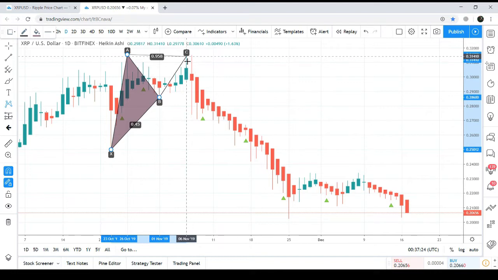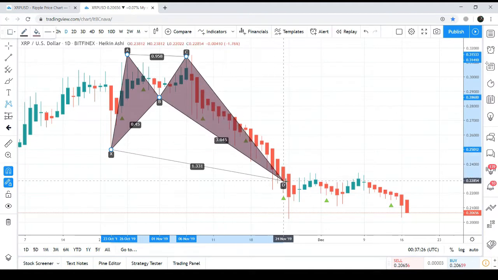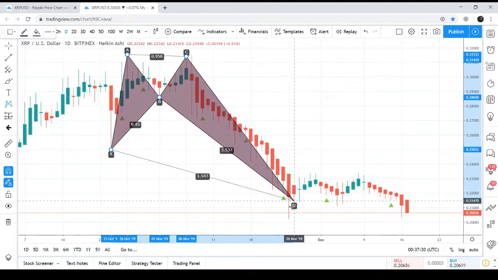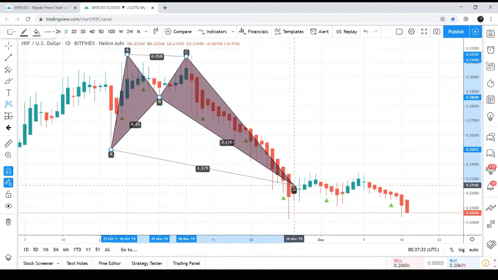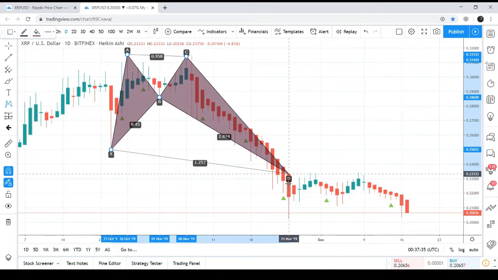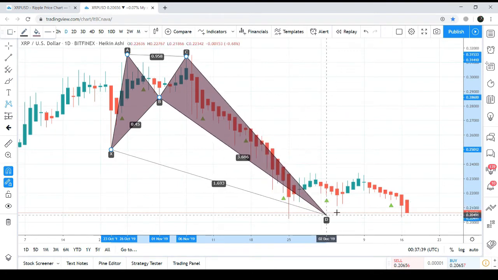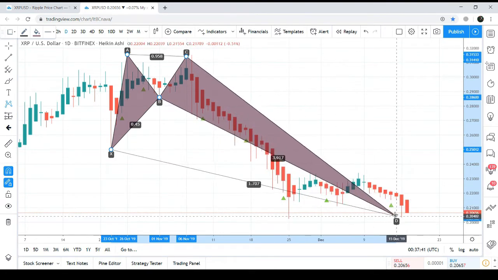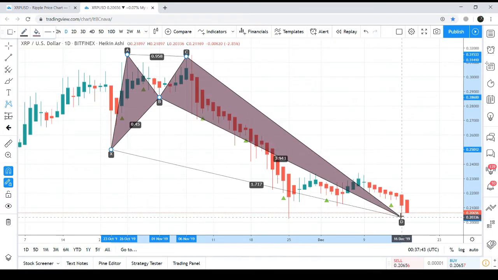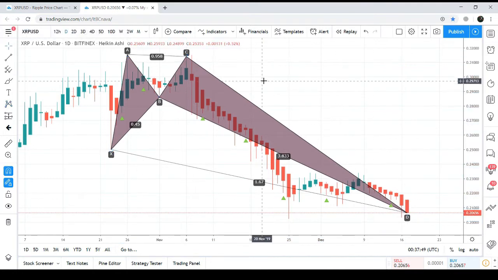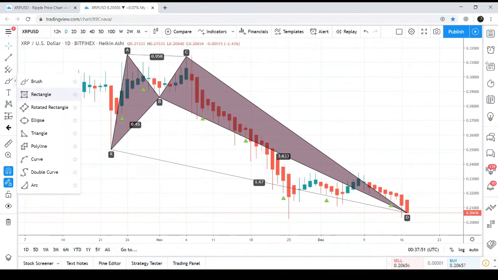I'm just ignoring this spike, and the final leg is extended between 1.27 up to 1.618 Fibonacci. So at this time the price action is here, and almost this is our potential reversal zone.